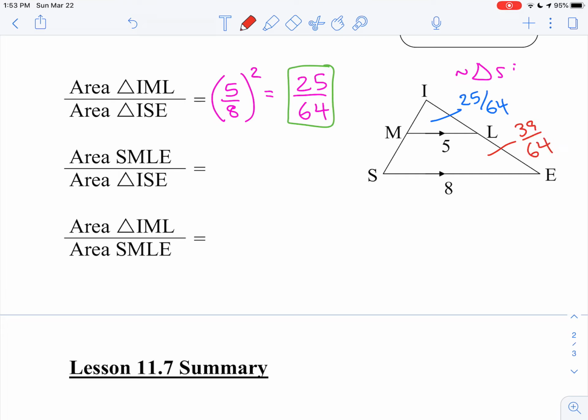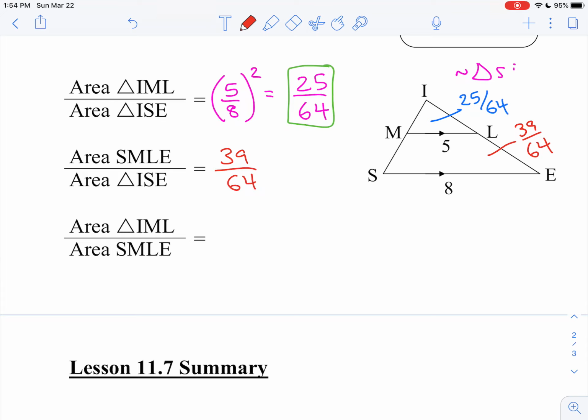So the bottom trapezoid is 39/64 of the entire triangle of ISE. Now it wants the area of SMILE, which is our trapezoid, to triangle ISE. Guess what? That was the entire thing that we already had written down, 39/64.